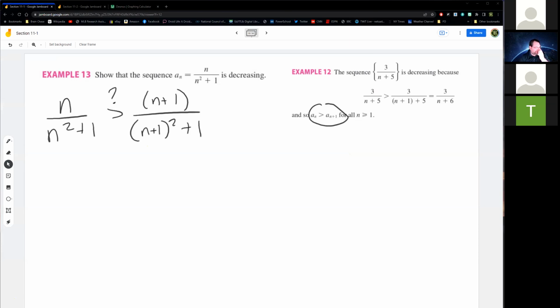All right. Now, to solve this one, we're going to cross multiply. So I've got n times n plus 1 squared plus 1 is greater than n squared plus 1 times n plus 1.